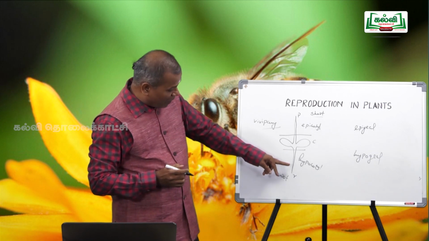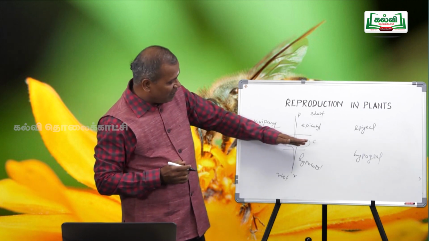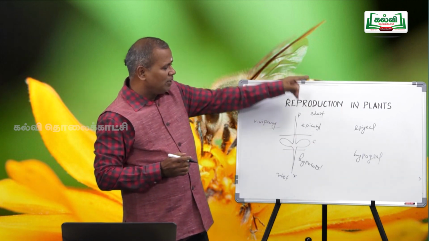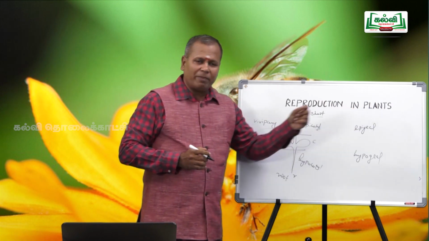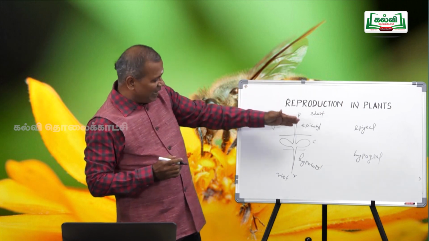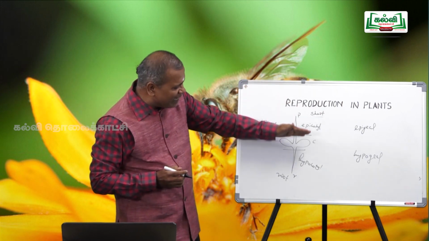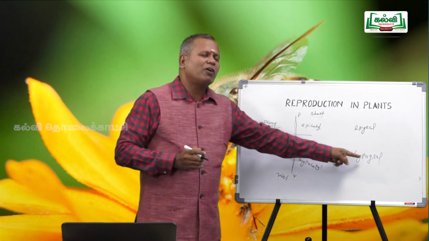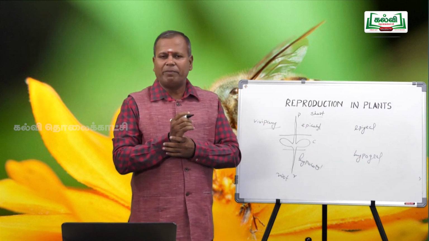See here, if hypocotyl grows faster, then cotyledon comes out, this is called epigeal germination. If epicotyl grows faster, then cotyledon remains buried inside the soil, this germination is said to be hypogeal germination.